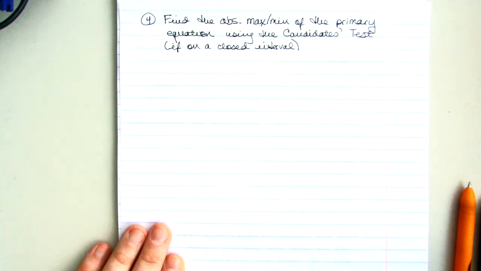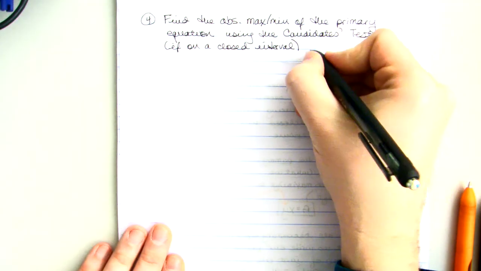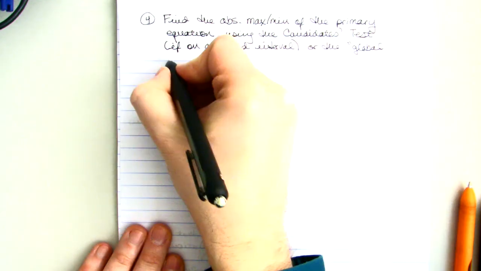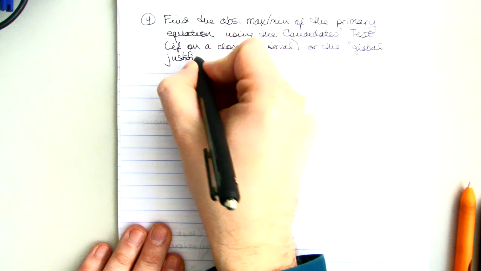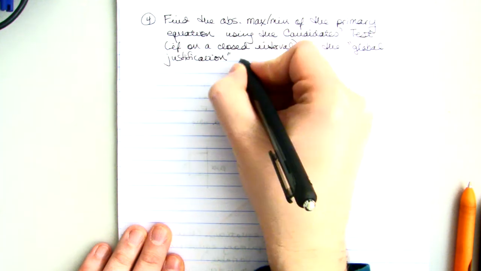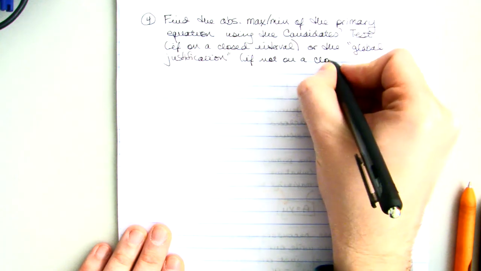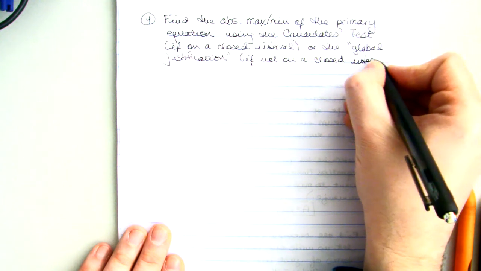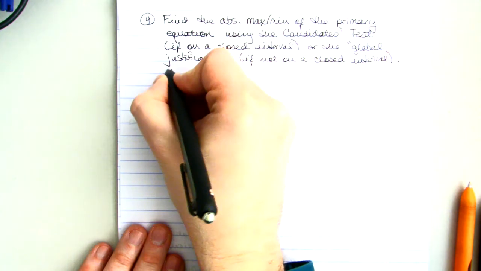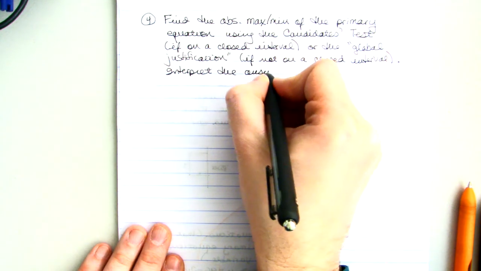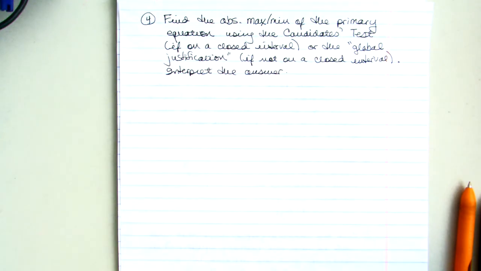If we're not on a closed interval, there is another method we'll look at to find an absolute max or min that we're going to call the global justification. We'll see that in a little bit. And then when we're done, we'll interpret the answer. Copy this one down, and then we'll actually do this.